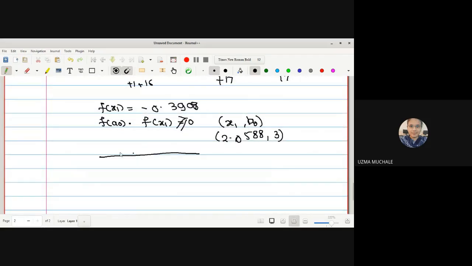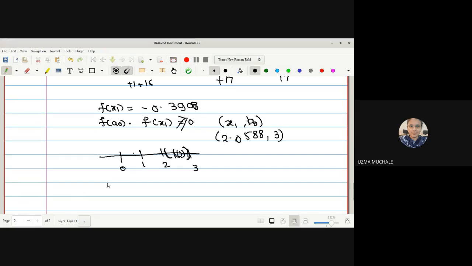Suppose it is 0, 1, 2 and 3. Now what is the interval? It is near about 2.0 here. It reduces to a very small one. Again, if you go through the procedure, you get more and more smaller intervals, and then we can reach a more approximate root of our equation.